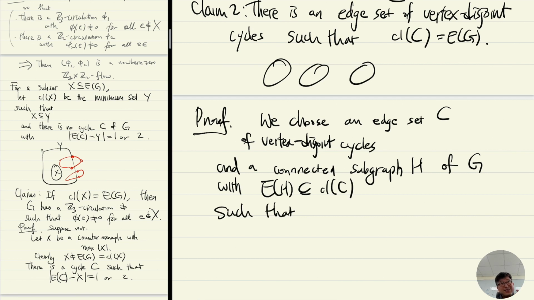So we start with the edge set C of the vertex disjoint cycles, and then I take the closure of that edge set, then you will have something. And take one component of that. That will give me a connected subgraph. That's H. And there will be many choices of C and H. Among all the choices, I will choose the one where H is maximal.